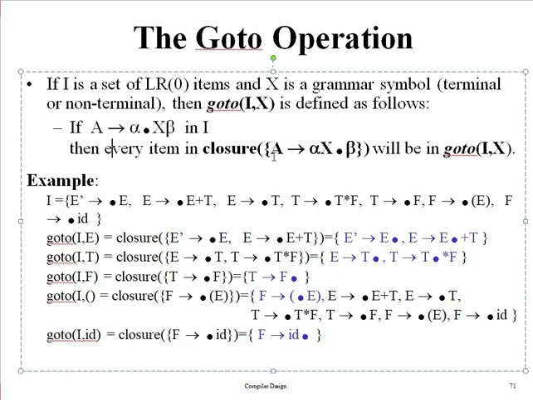So it is similar to applying the closure operation on the item after shifting the position of the dot. After shifting, we should also look for a non-terminal after the dot and add all production rules of that non-terminal.